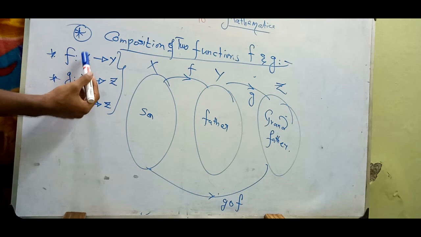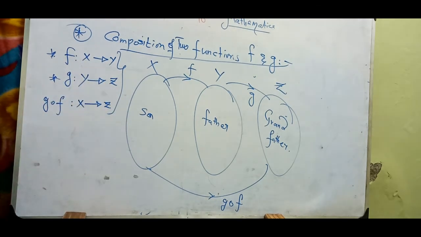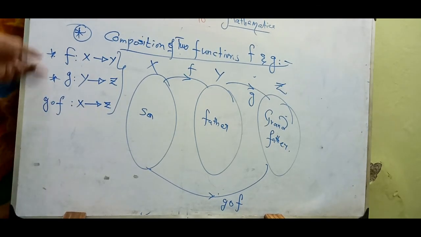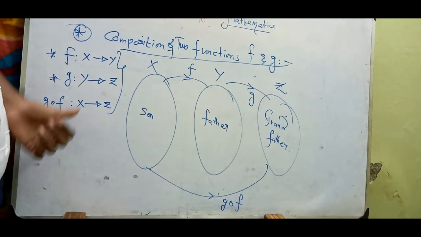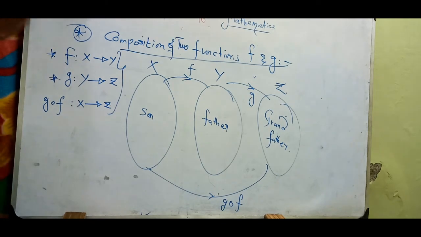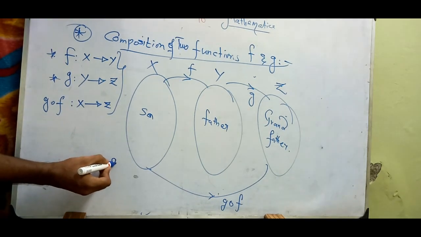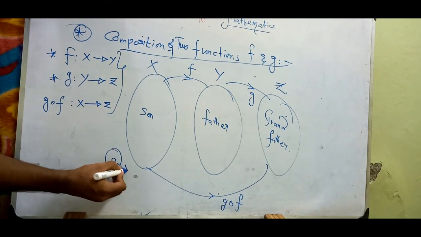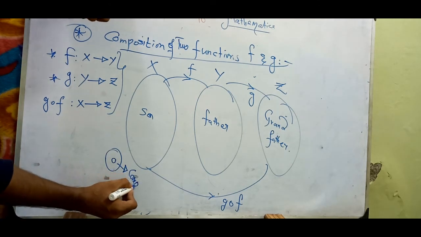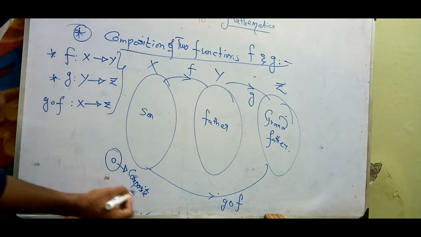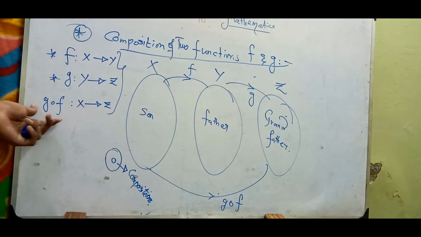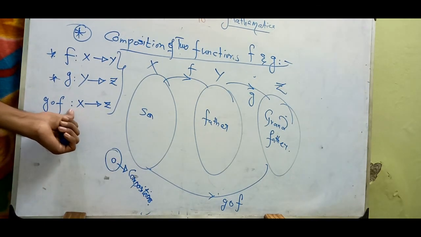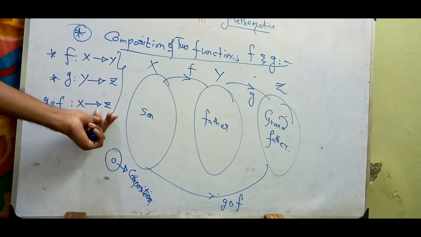Through these two functions we can generate a new function called g composite f, denoted by the small circle symbol, composite or composition of functions. So g composite f is a map from X to Z.